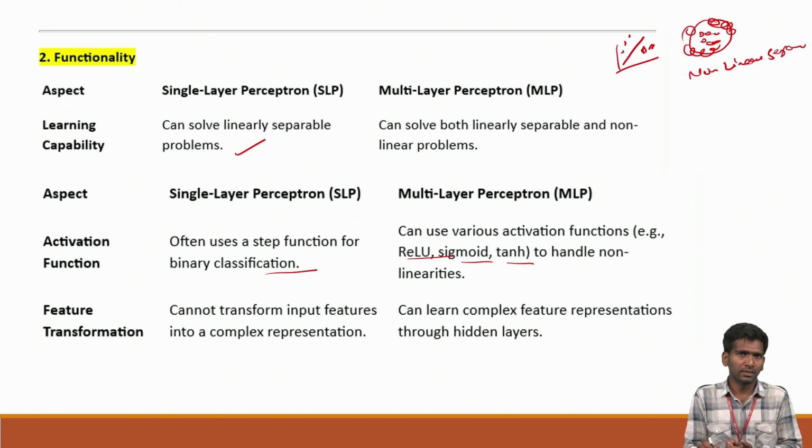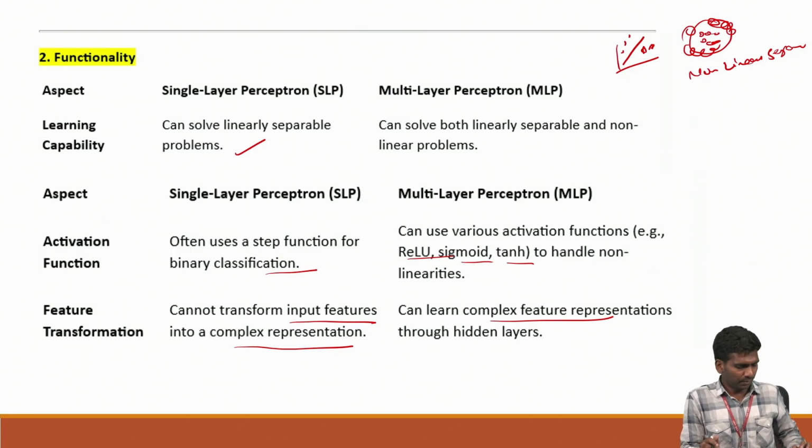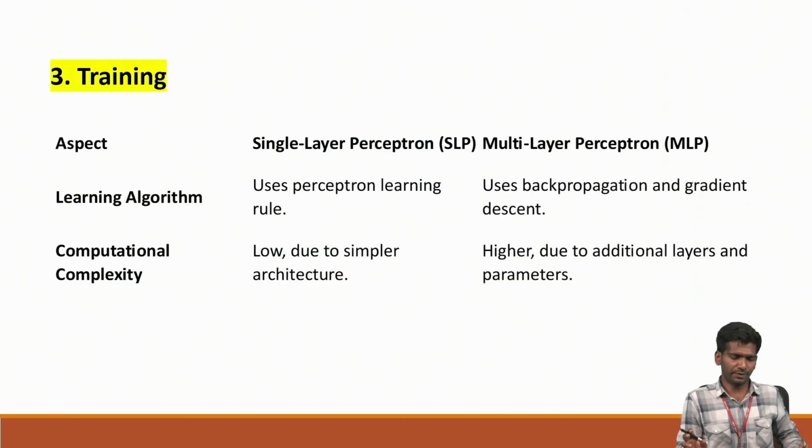Next, feature transformation: SLP cannot transform input features into a complex representation, but complex feature representation is possible in MLP. This is the overall functionality of SLP and MLP.